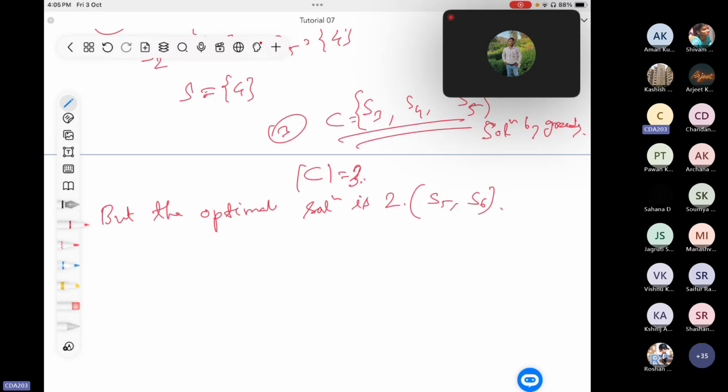This is an example where greedy results in an incorrect output. Incorrect output means it's not resulting in the minimum output. It's always a cover. There is no doubt that the resultant output will be a cover, but the minimality is not obtained.